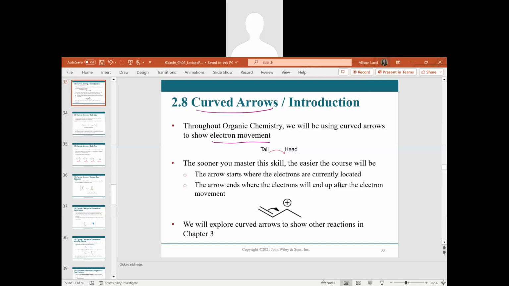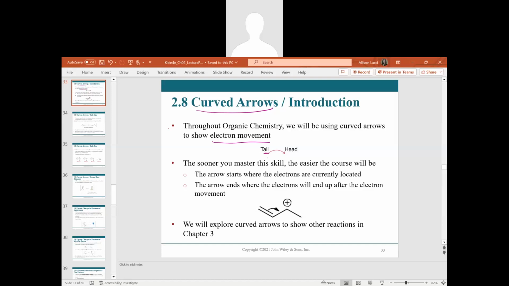Bonds are broken when that happens, and new bonds can be formed. There's electron movement that occurs when these bonds are broken and formed, so we need to show this by using an arrow.